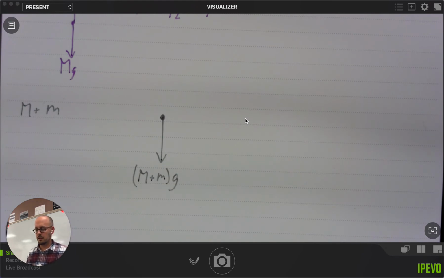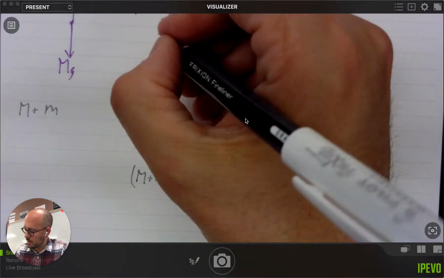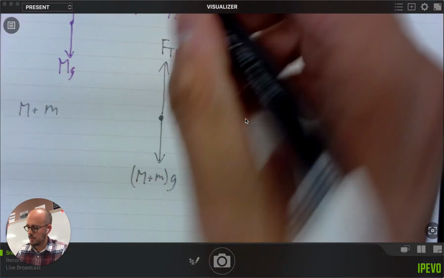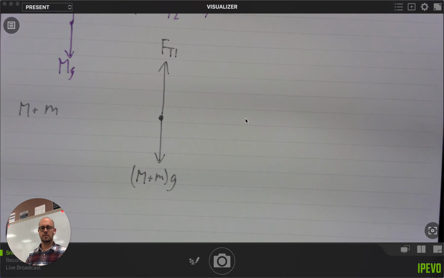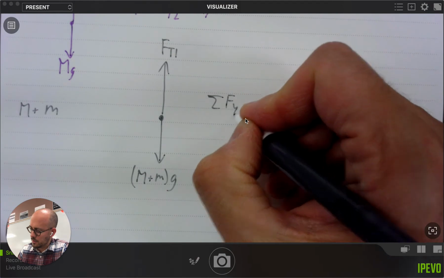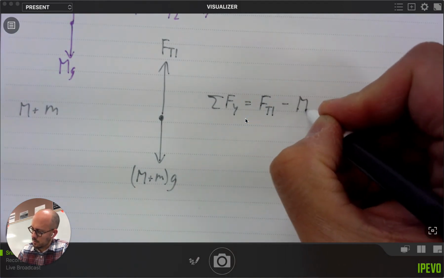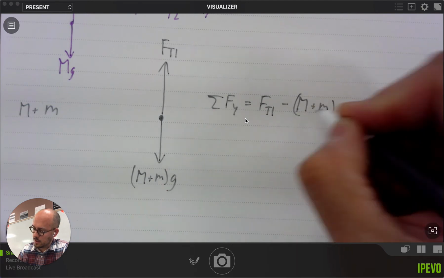And then the upward force needs to be Ft1. And so the system approach, again, makes things simpler for you because there's fewer forces. You really just have to make sure you're on top of things as far as the mass. And so the net force on this one is going to be Ft1 minus combined mass times g.